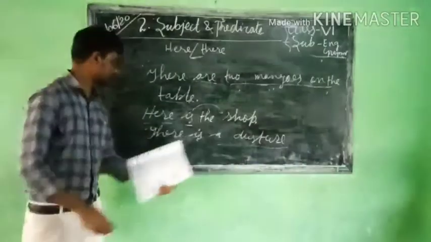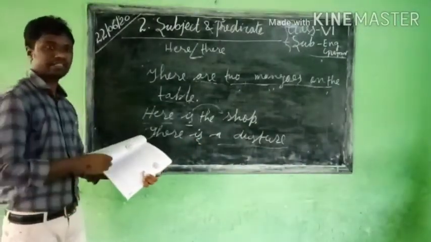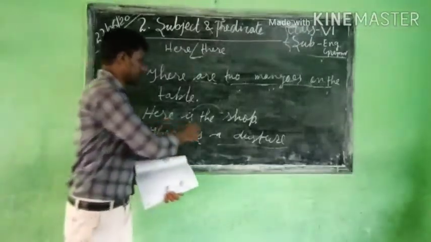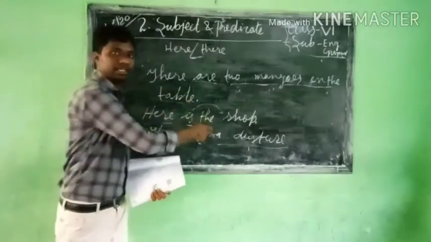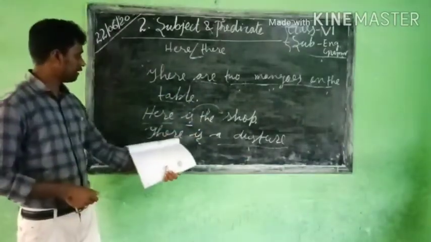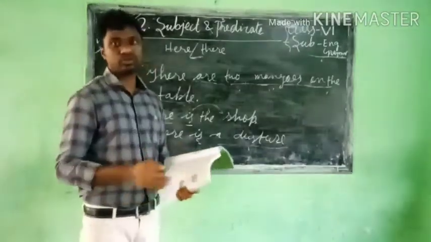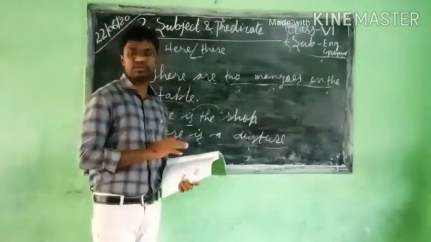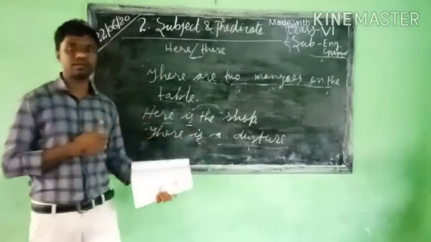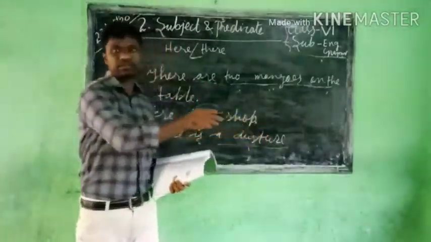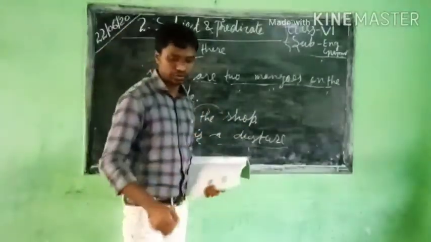This is a subject which comes after the verb. Okay, this is how the subject comes after the verb. So don't get confused. Hope you have a clear idea how the subject comes after the verb and before the verb.